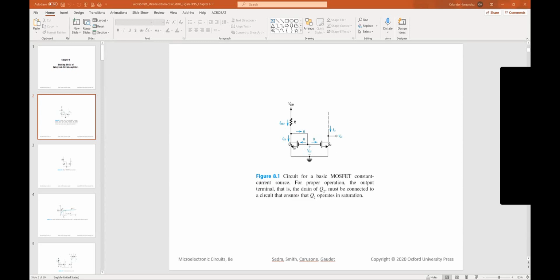Here we have two transistors and essentially a current mirror to get an output current. Now, I do have to take into consideration what this is driving, because I have to make sure that Q2 operates saturated.